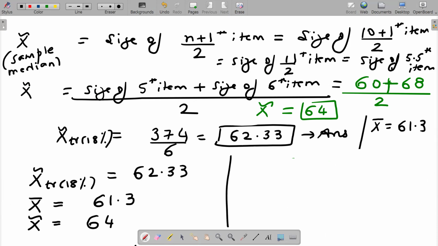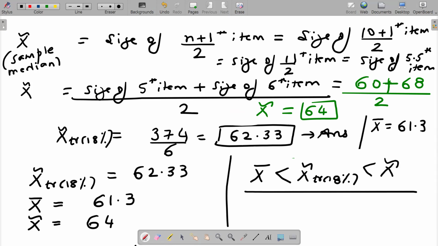Now students can clearly see that arithmetic mean is less than the trimmed mean, and trimmed mean is less than the median. This is the relation we have seen. The sample mean is less than trimmed mean is less than median.